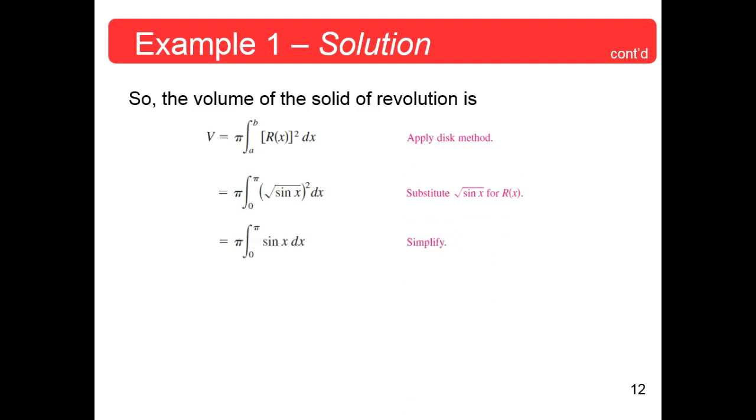And then you do the antiderivative, that's going to be your pi times your negative cosine, evaluated from negative pi to 0, and that's going to be pi times a positive 1, a minus 1, which is positive 1, minus a minus, which is plus, that is another 1, and that's going to be pi. All right, watch those signs.